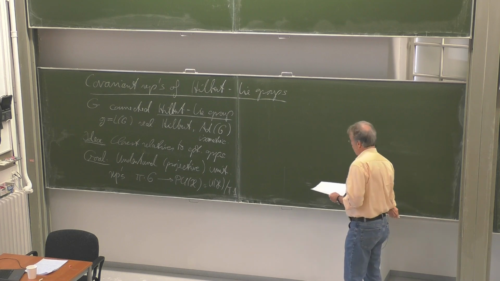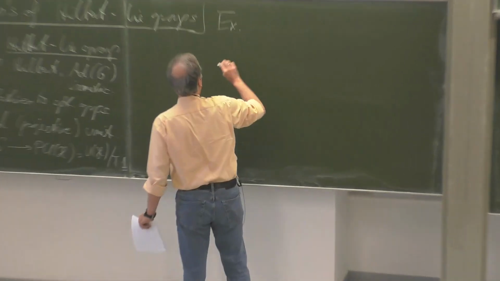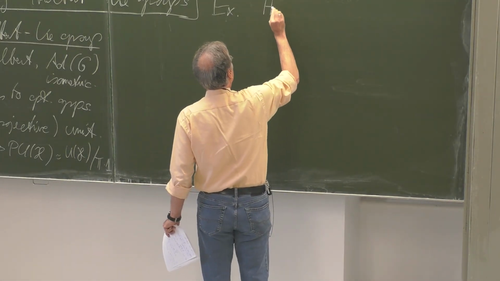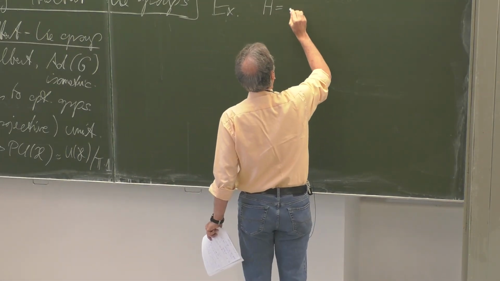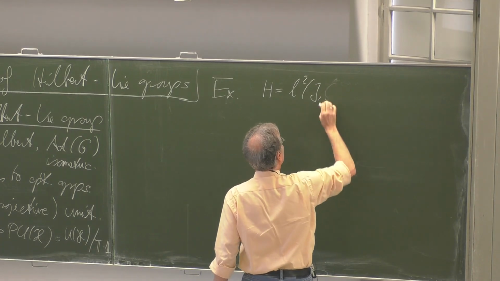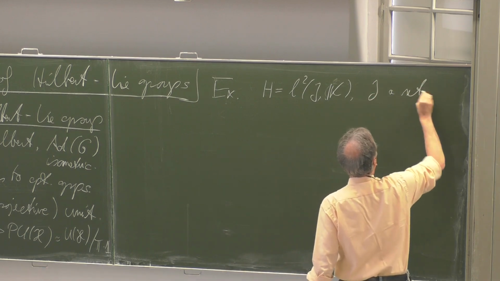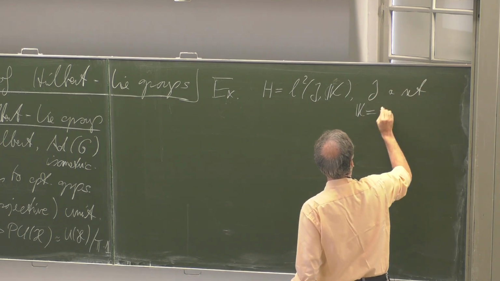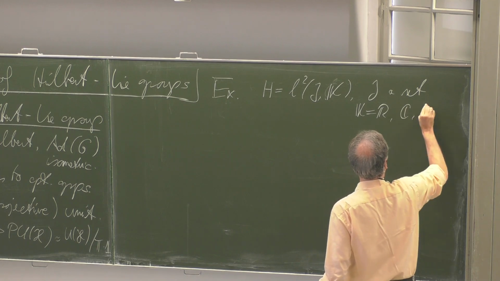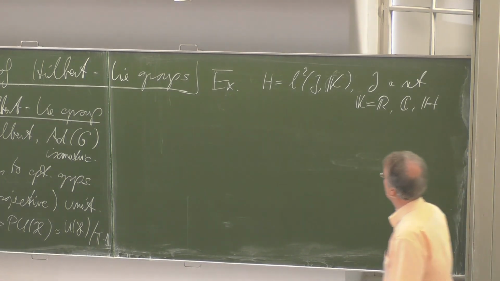Okay. Now, what is a prototypical example? If you start with a Hilbert space, a little h, say over K, where K is allowed to be the real numbers, complex numbers, or the quaternions.